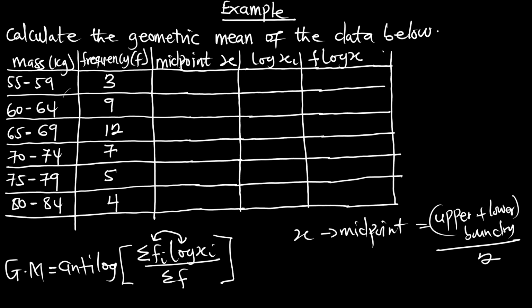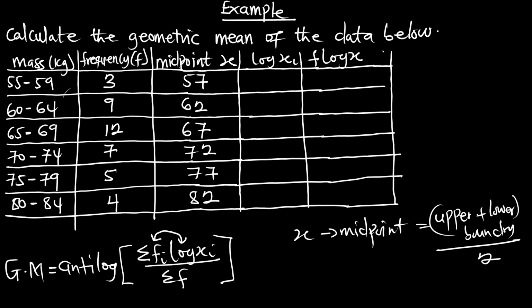So 55 plus 59 over 2 is going to give you 57. This is also going to give you 62. This is giving you 67. We have 72, 77. You can pause the video and check for all the details. So this is the midpoint of all the classes. So this is our x.